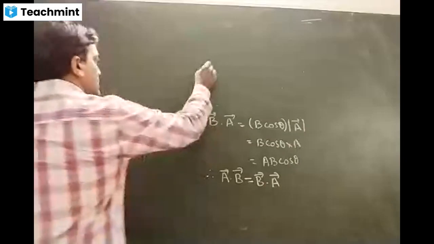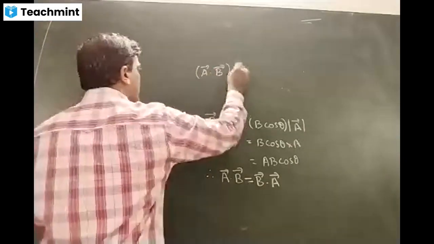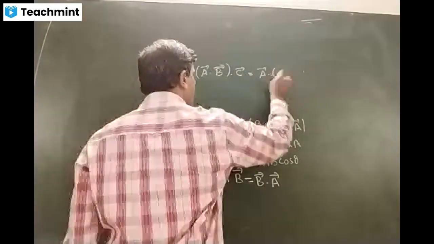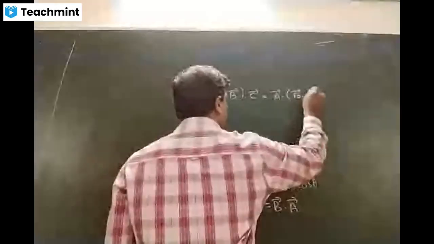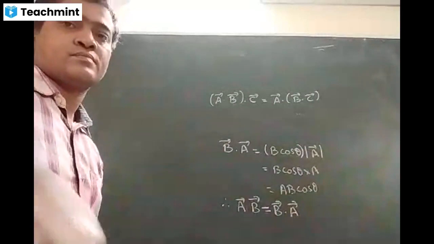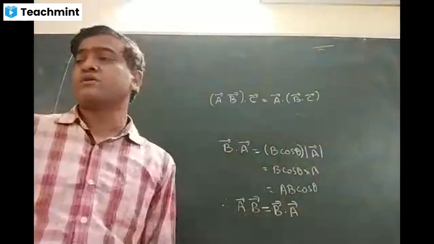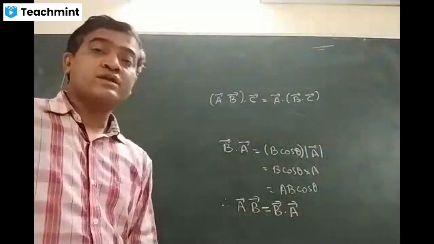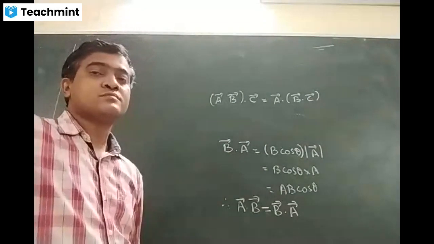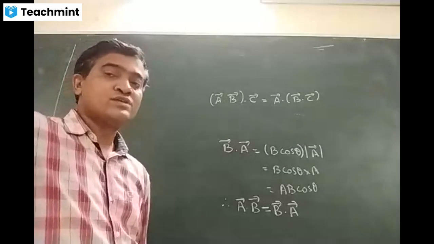I'll just show you: A bar dot B bar dot C bar can be written as A bar dot of B bar dot C bar. Anyways, you can try. If you don't get it, I'll let you know. How to try? You have to consider A bar as AX I cap plus AY J cap plus AZ K cap. And how to consider B bar?